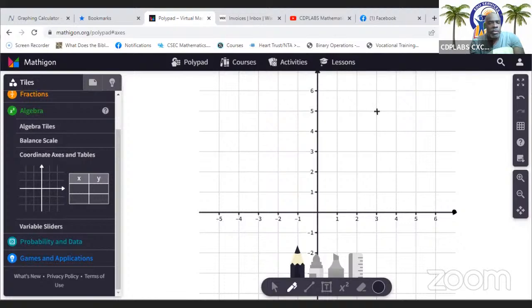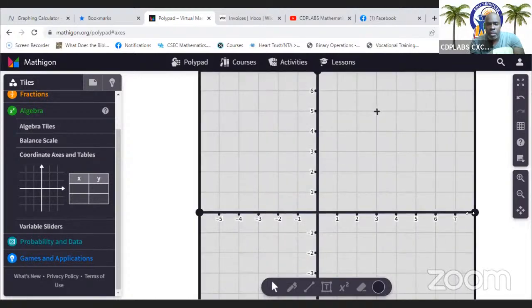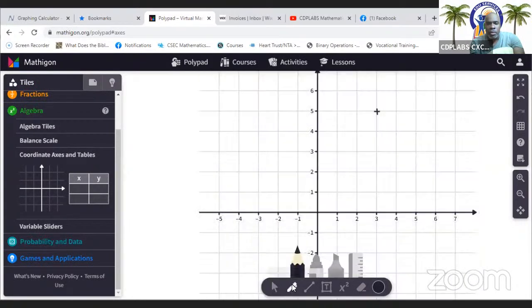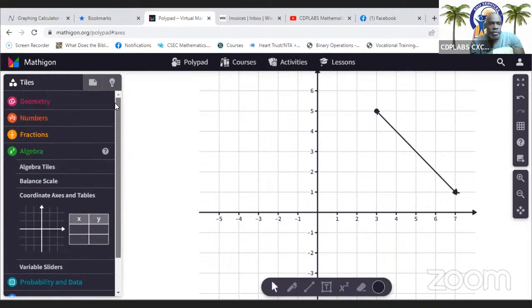Second was 7, 1. So let's extend this some more. We'll draw the line. Then we're going to use a ruler and measure it.